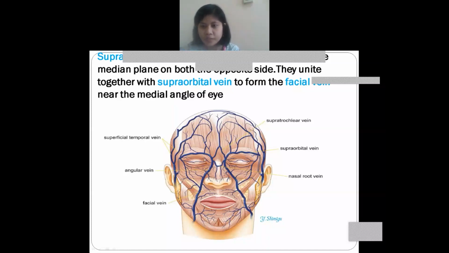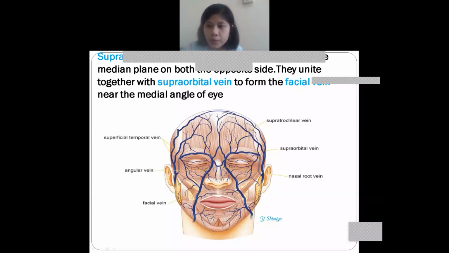And the supraorbital vein forms the facial vein, which you will find in this area, near the medial angle of the eye. Medial angle of the eye means the middle part of the eye, so in this area you will find the facial vein.